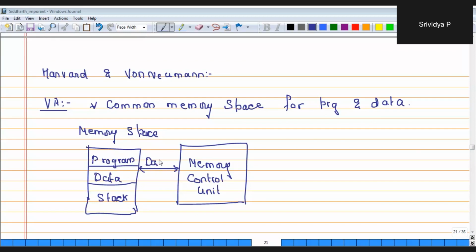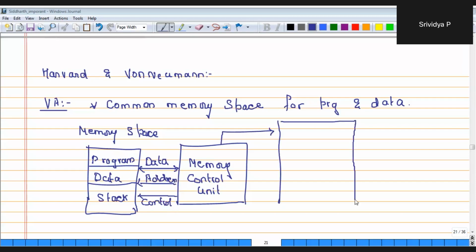The buses are the data bus, which is bidirectional, then the address bus, which is always from the memory control unit, and then the control bus, which is also always from the memory control unit. The instructions fetched from the program memory were given to an instruction decoder, and then it goes to the CPU with registers. So this is the block level representation of von Neumann architecture.